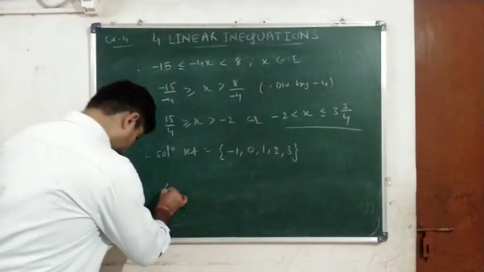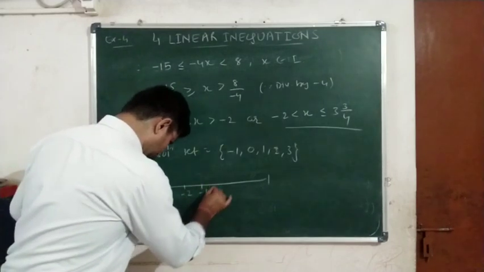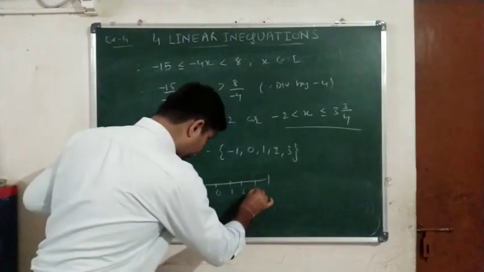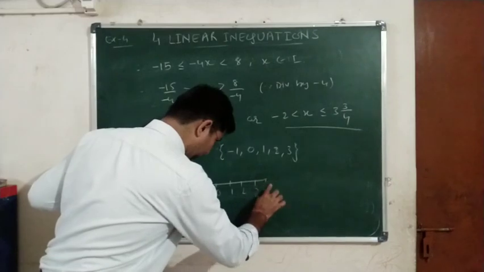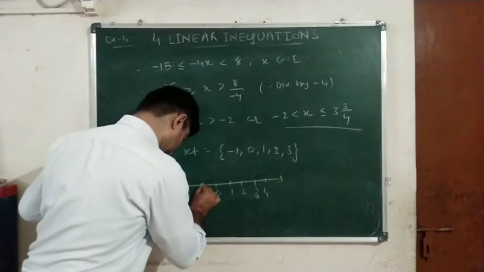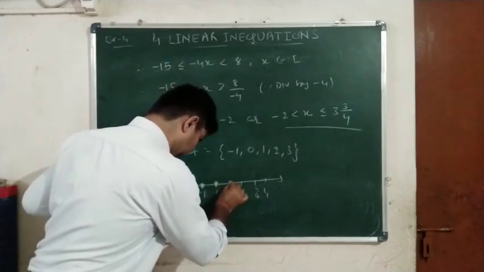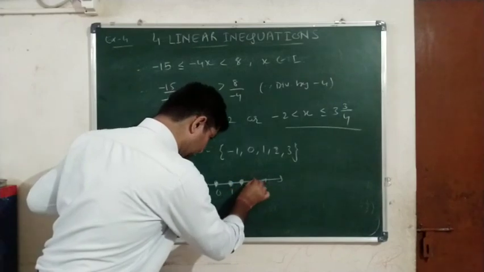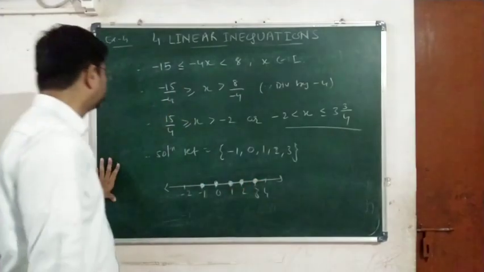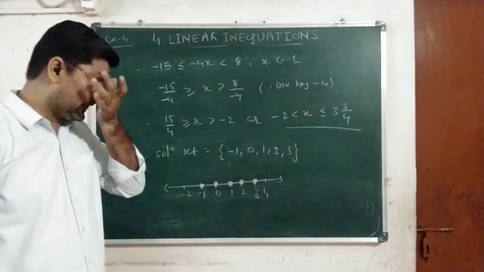Okay, now on the number line you can easily represent this: minus 2, minus 1, 0, 1, 2, 3, 4. Okay, so this is the representation of the solution on the number line here.